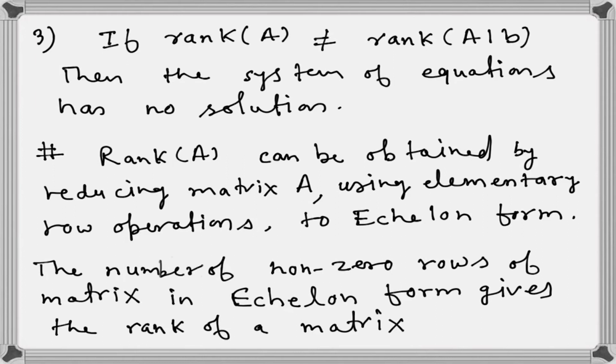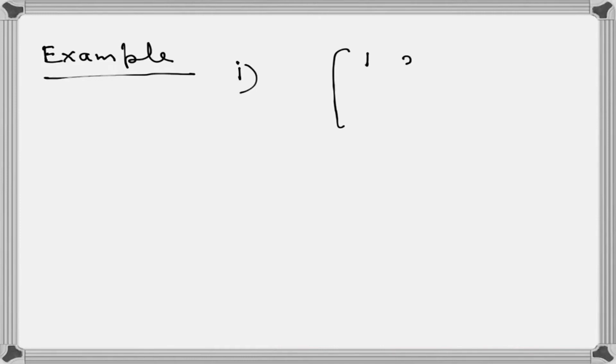Okay, so let's give some examples of rank and echelon form matrices. Example is 1, 2, 3, 0, 2, 5, 0, 0, minus 1.